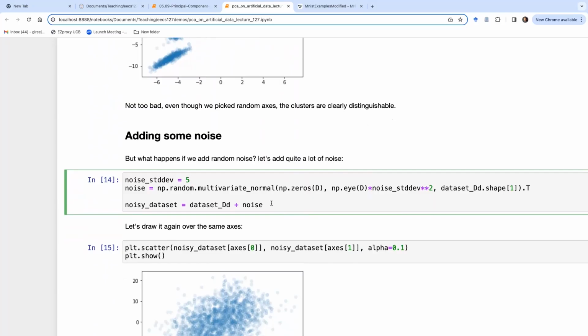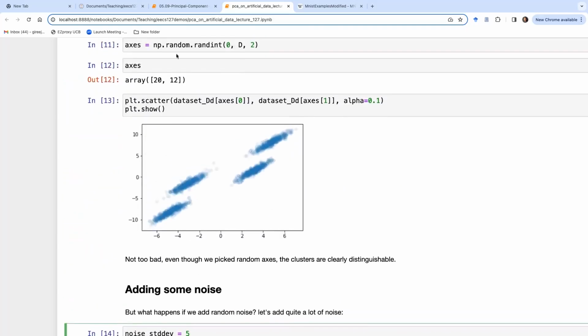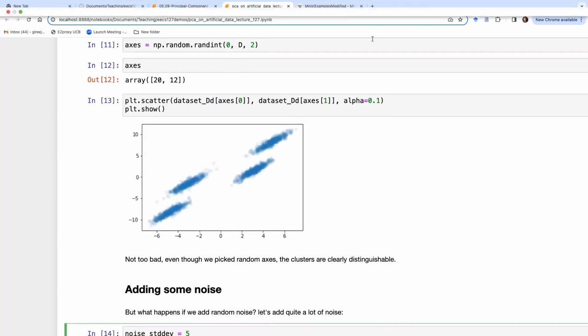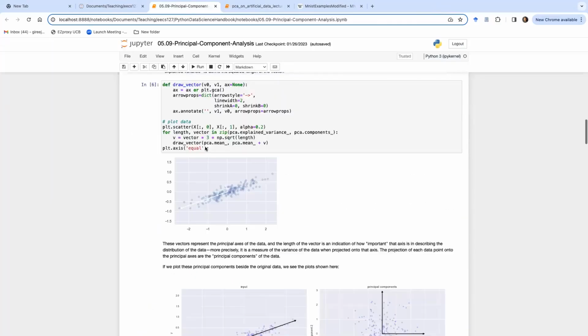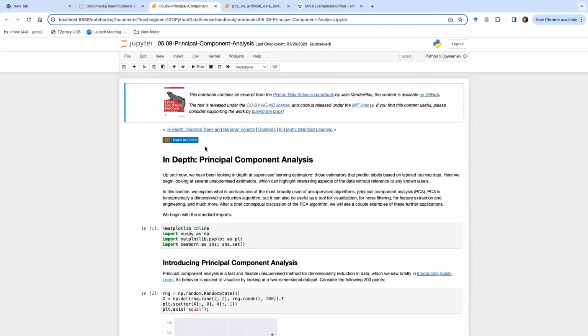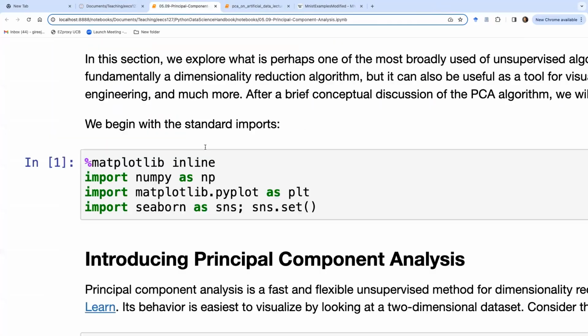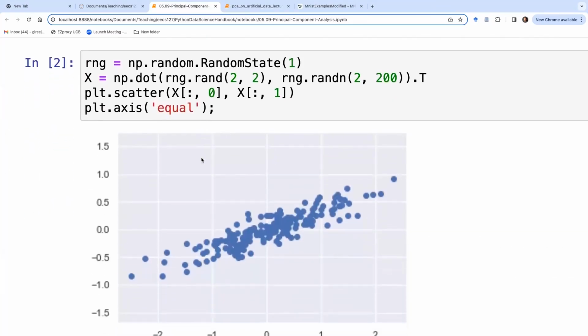Okay, good. So this is the key thing. Let me show you one more example. Again, I don't expect you to read this in too much detail. But let's say you have some cloud of data that looks like this, and you want to identify the principal components.